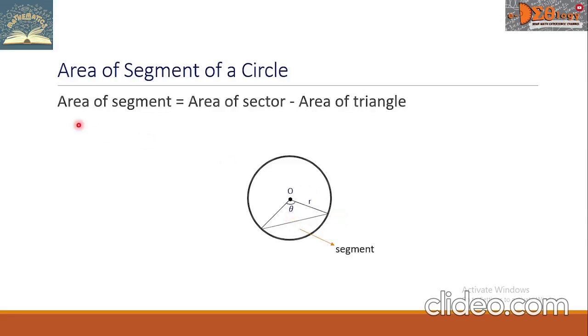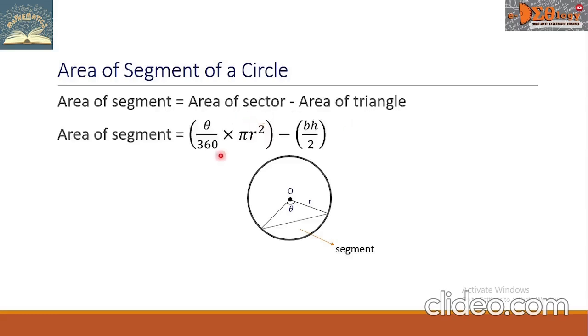We can see that the area of segment equals the area of sector minus the area of triangle. We know the formula for area of sector. That is theta over 360 times pi r squared minus the area of triangle, base times height, all over 2.